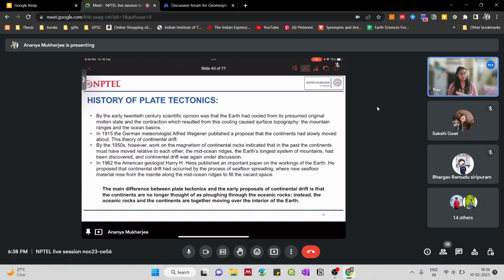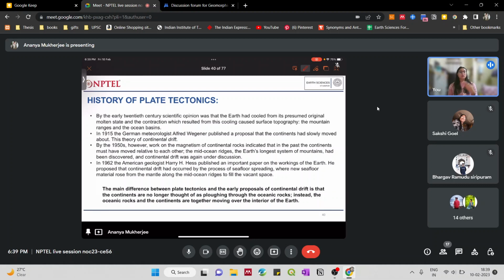So the main difference between plate tectonics and the continental drift theories is that the continents are not thought of as just cutting across the oceanic crust. The continental drift theory was giving the assumption that the continents were just moving through the oceanic rocks, but that is not what the plate tectonics theory said.